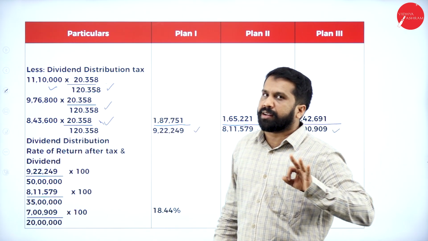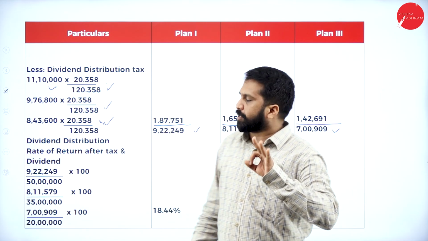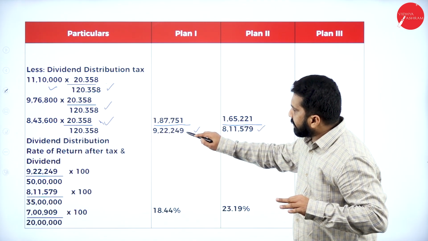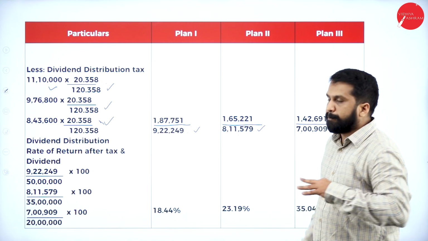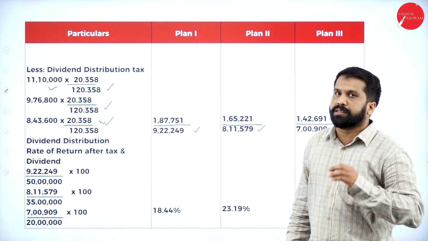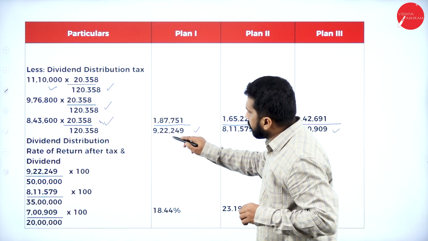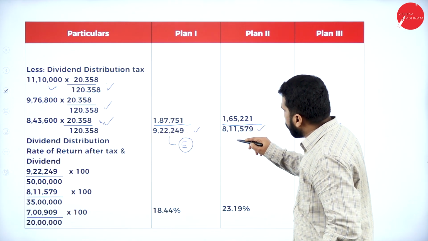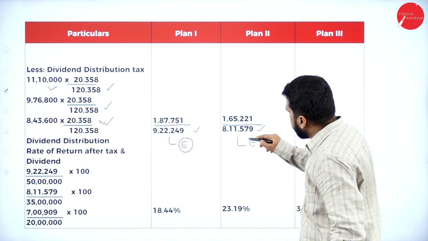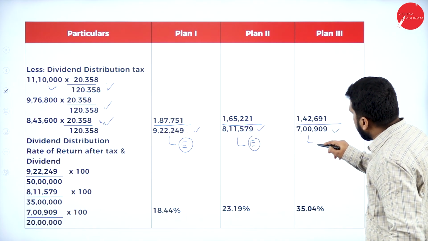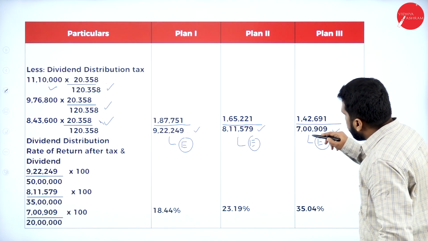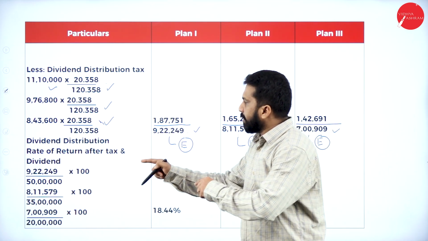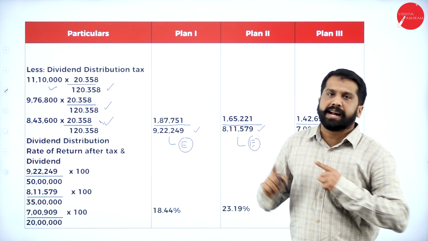What is the next one? The last one is, you have to consider this in percentage. How do you consider? Simple one. This you have to compare with equity, for all three. Then it will be called rate of return after tax.